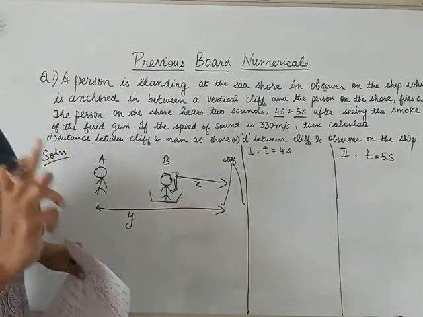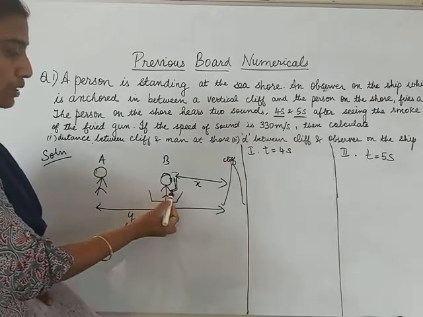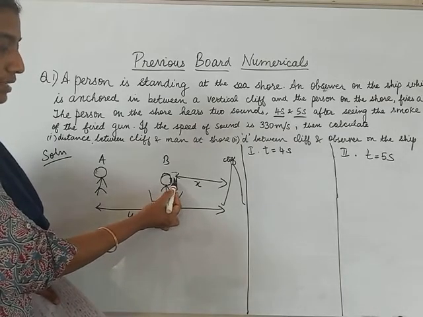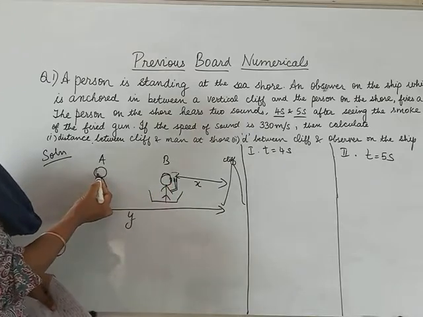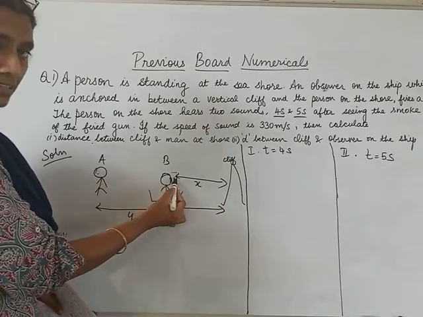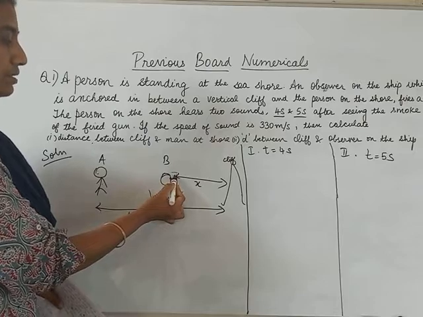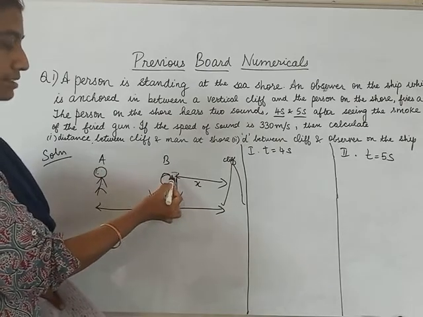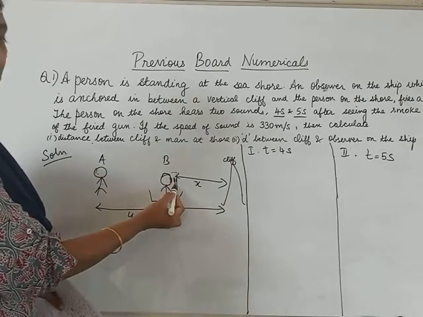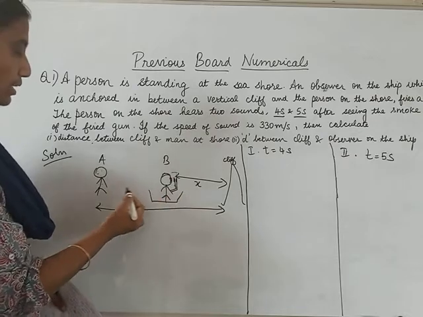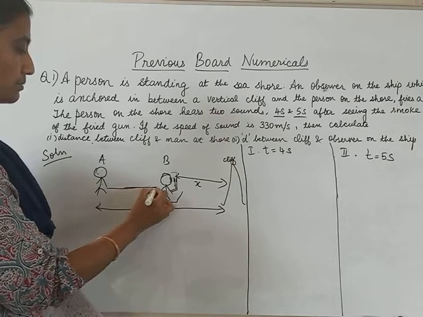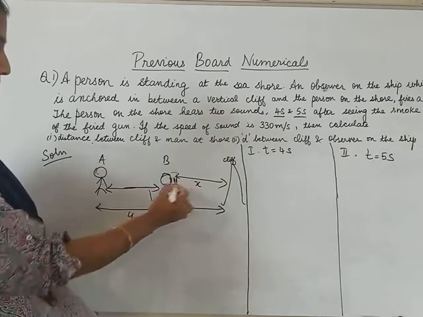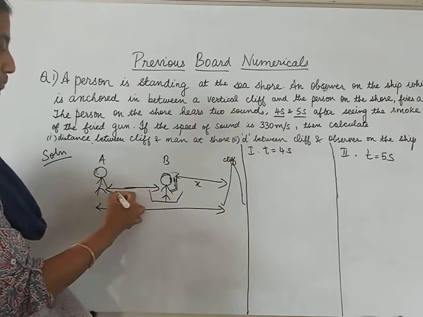The sound heard after 4 seconds would have been the sound that traveled directly from here to here. This man fires the gun, and the first sound he hears is the direct sound from this gun. How much distance does that sound have to travel? This much distance, which is y minus x.